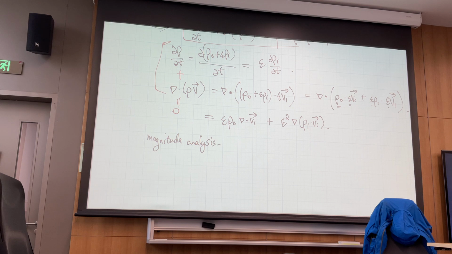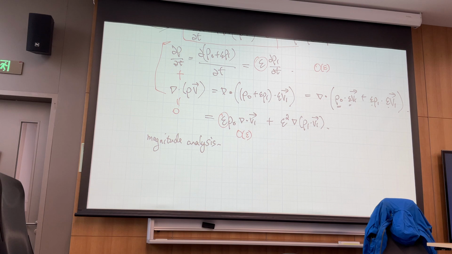In the magnitude analysis, you see that on the left-hand side and the right-hand side of this equation there are terms on different magnitudes. Some of the terms have, for example, epsilon; these terms are O(epsilon).